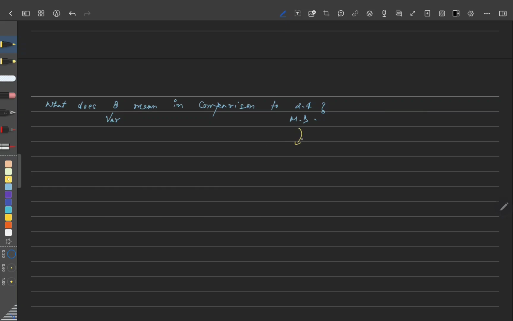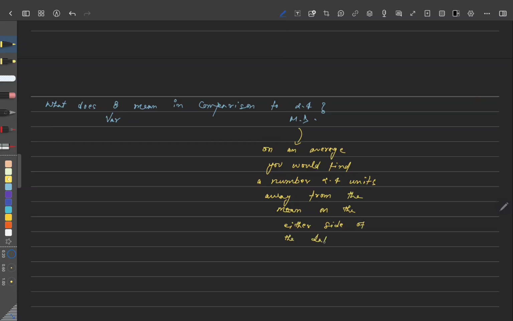What we are saying is, on an average, you would find a number 2.4 units away from the mean on either side of the data.